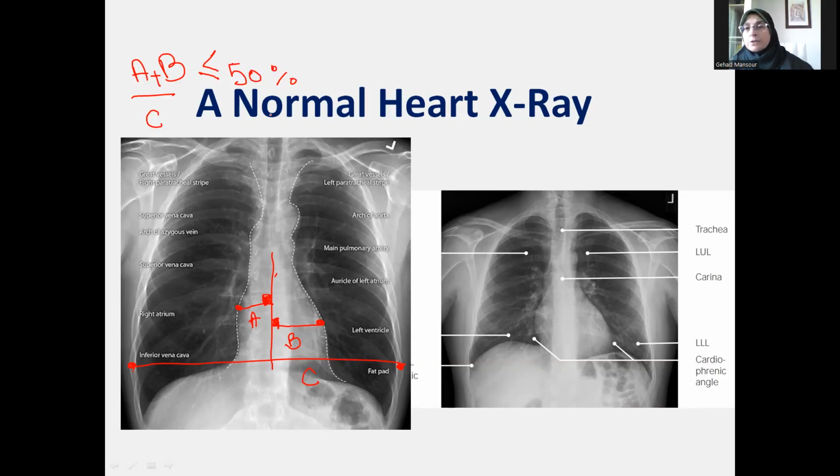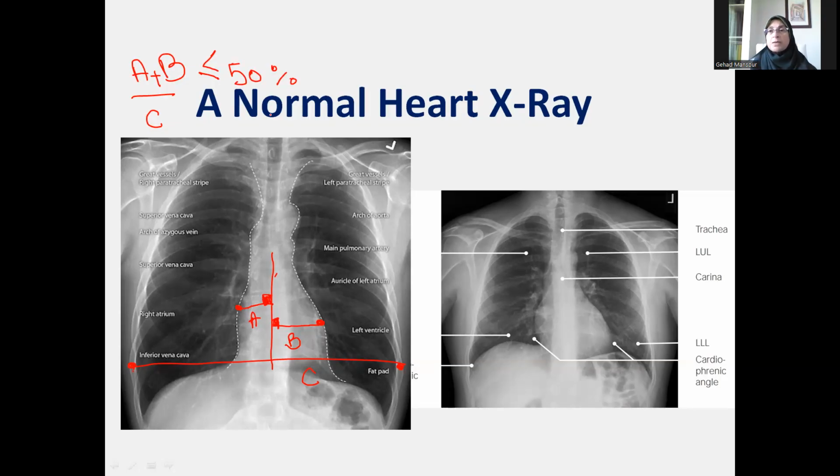Okay? What's the clinical significance of the cardiothoracic ratio? Of course, the clinical significance of the cardiothoracic ratio is to decide whether the heart is enlarged or not. If it is less than or equal to 50, then this is normal. If it is more than 50, then you have one of two reasons.